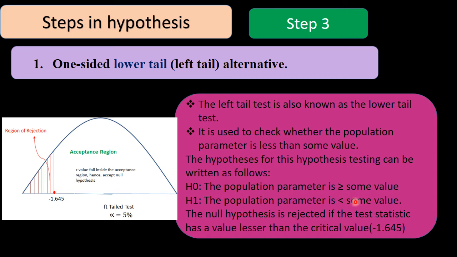Then we can set the null hypothesis, the opposite of the alternative hypothesis. That is, the population parameter is higher than or equal to the particular value.